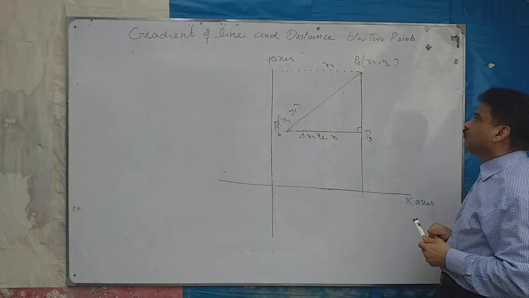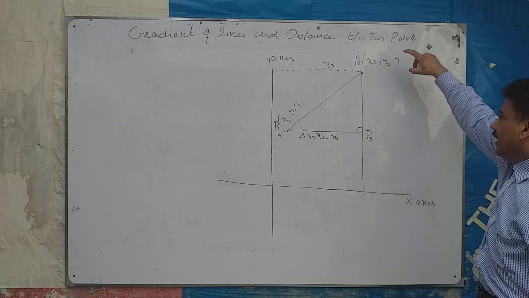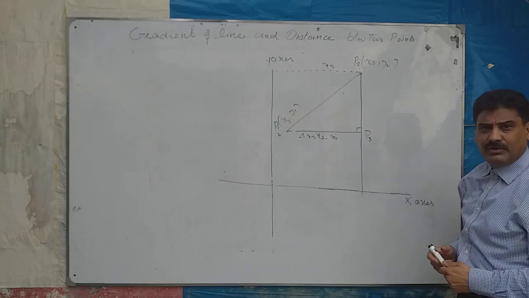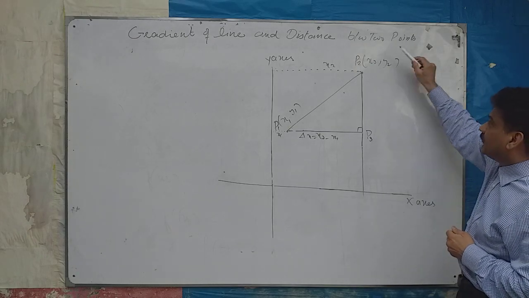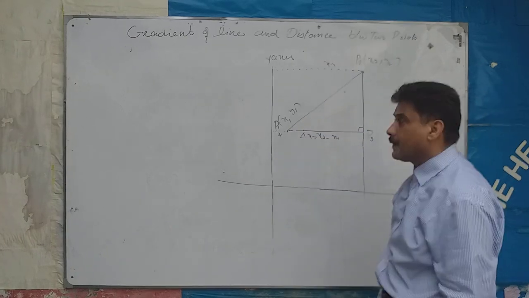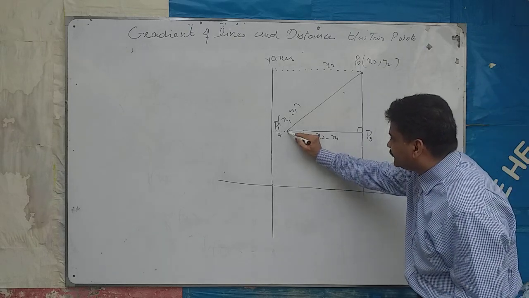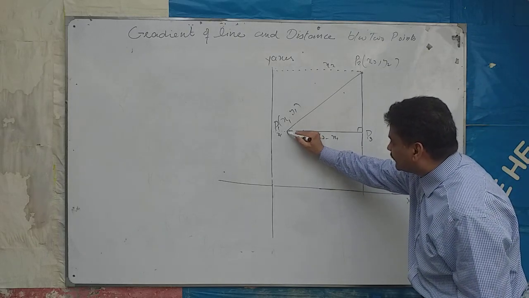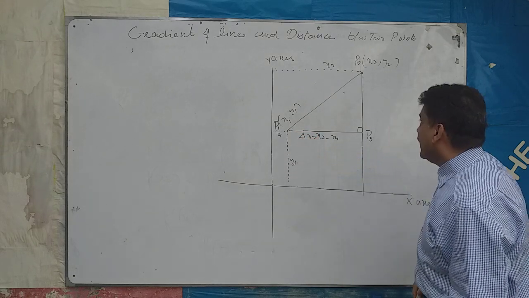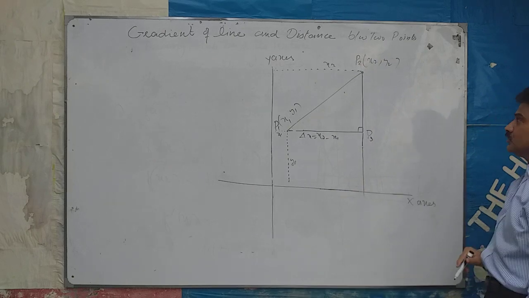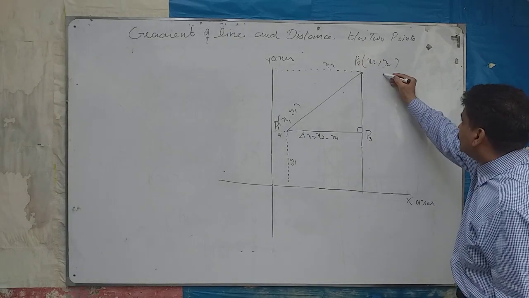Similarly, if we want to find the total change of y, which is del y, we have to find the difference between the y coordinate of P1 and P2. Here, the distance from the point to the x-axis is known as the y coordinate, which is y1, and for point P2, the total distance from the point to the x-axis is known as y2.